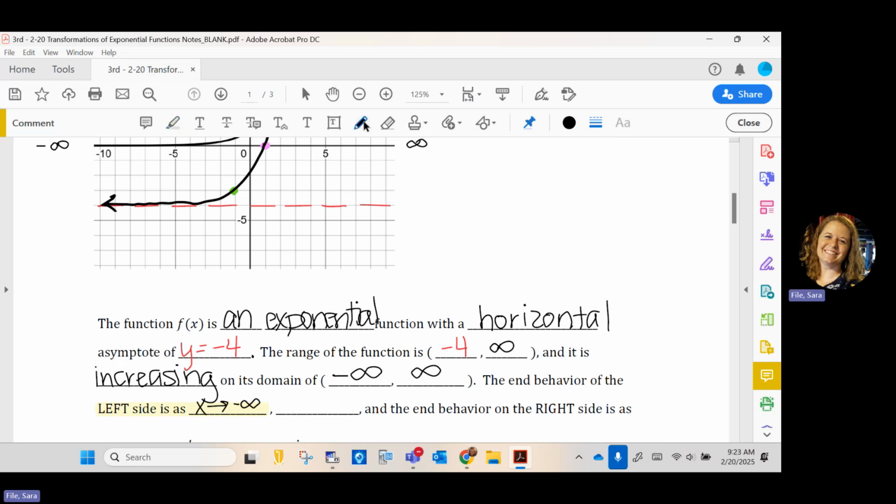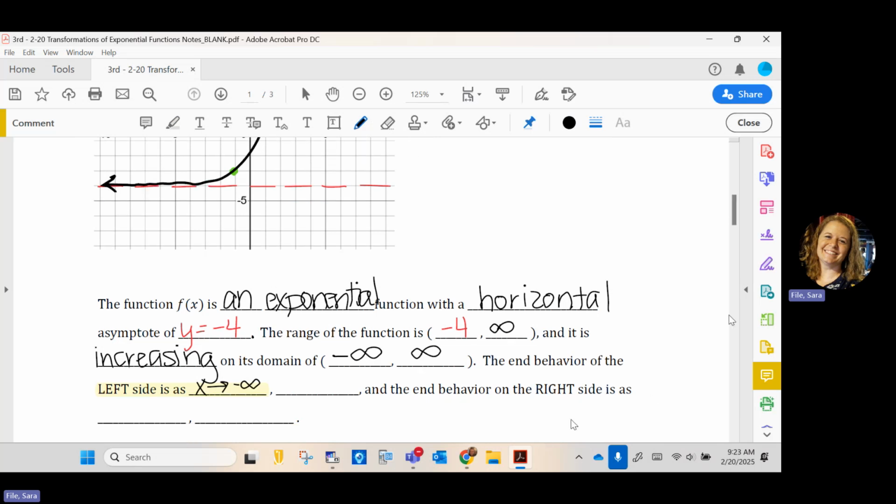Now the right, what is your x approaching if you move to the right? Positive infinity. So for the right side, I'm going to start my end behavior with x approaches infinity. You don't have to put a positive. Positive is understood.